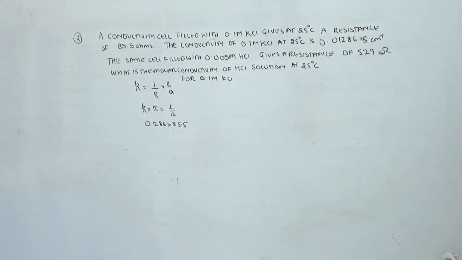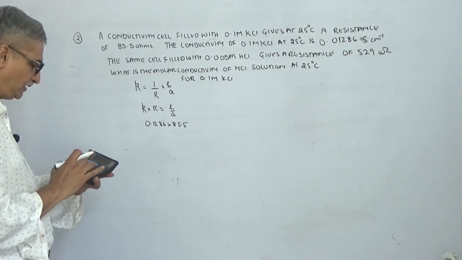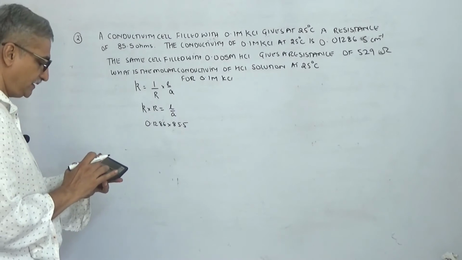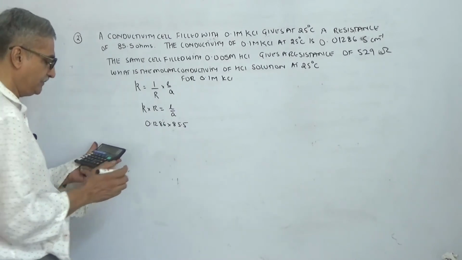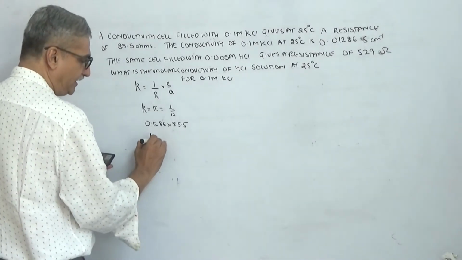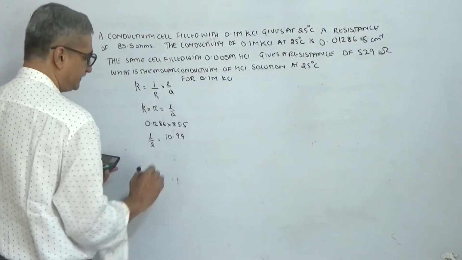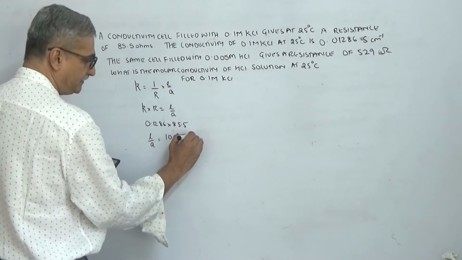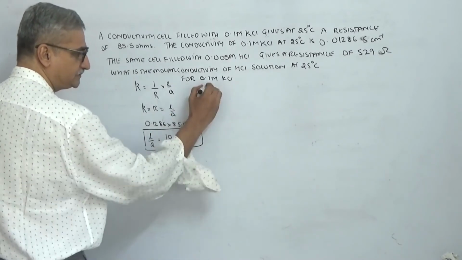So that works out, your L by A will be equal to 10.99 per centimeter. So this is the first value we have got.